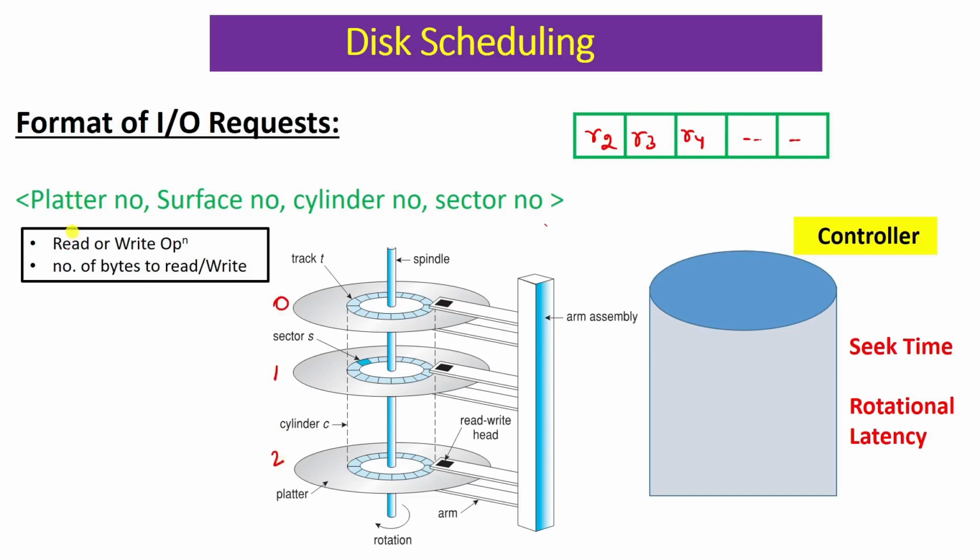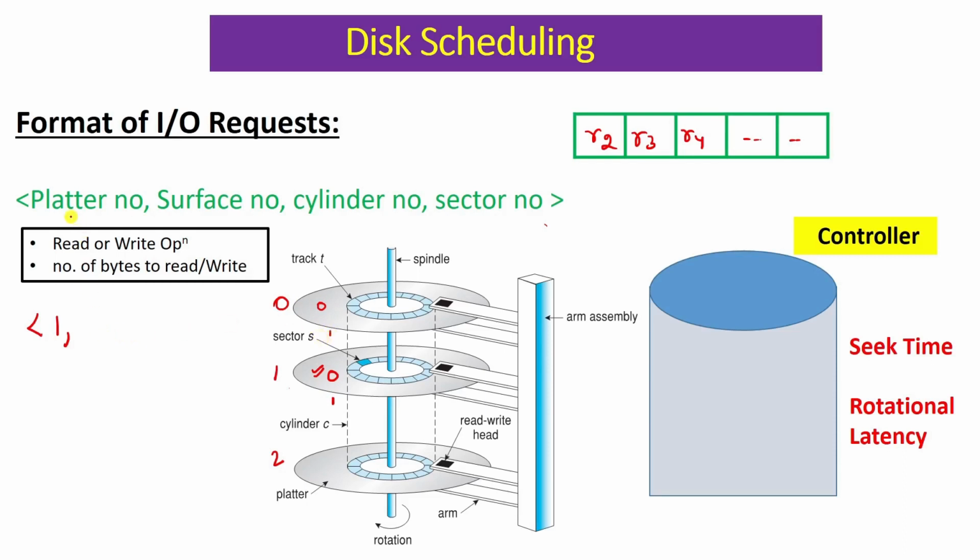For example, the operating system says, I want to read data from the first platter, that is this platter, and from the upper surface. Let's say the upper surface number is 0 and the lower is 1. The same way for the 0th platter, the upper surface is 0 and this down surface will be 1.